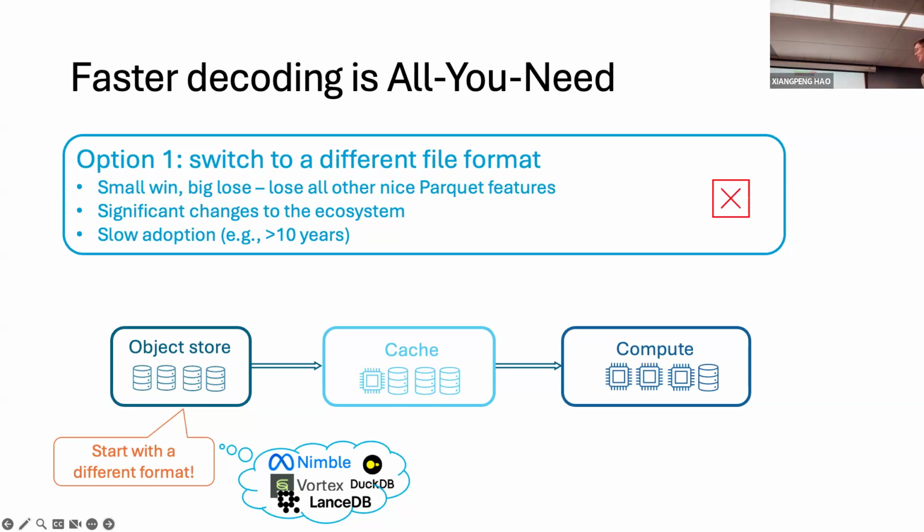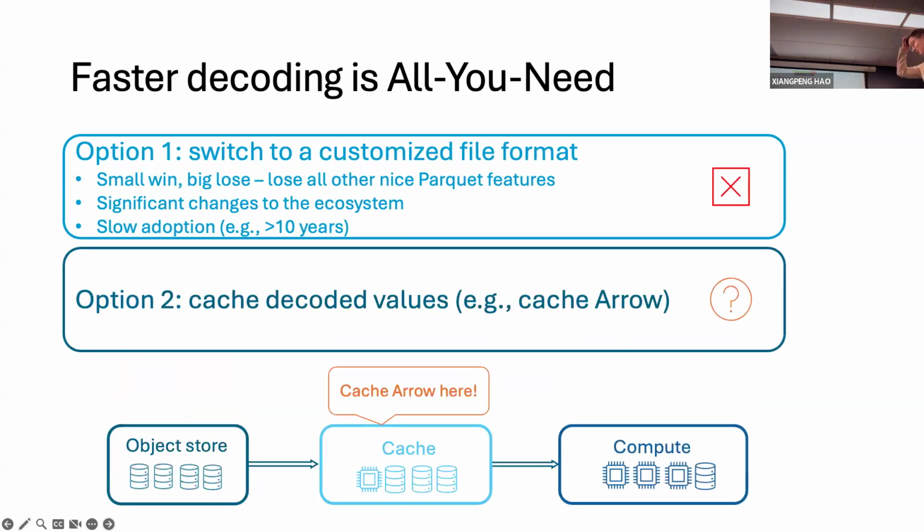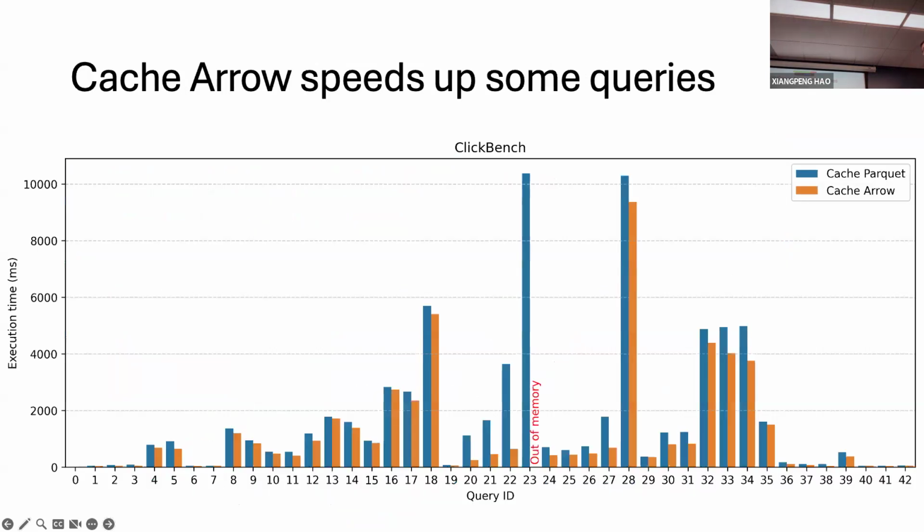So the question is, if we don't change the Parquet file format, how can we do better, right? The second option is, since decoding is so expensive, the natural question is, why don't we just cache the decoded values, right? So what if we just cache Arrow in our caching server, then the problem seems solved. We actually implemented this and ran a benchmark to see how it works.